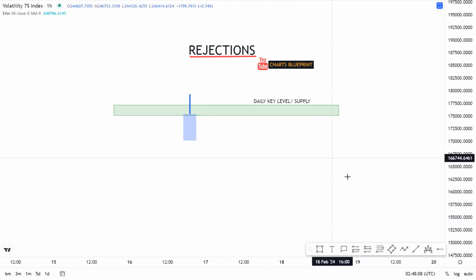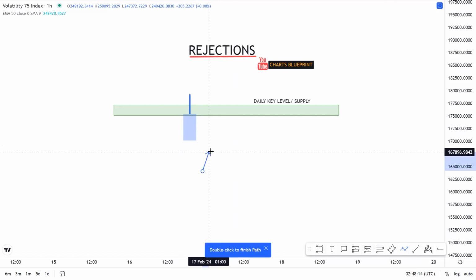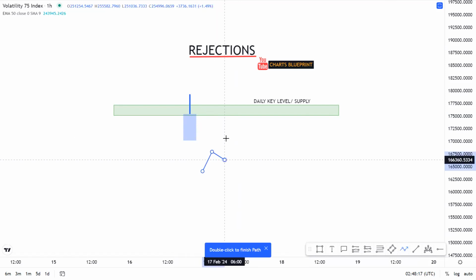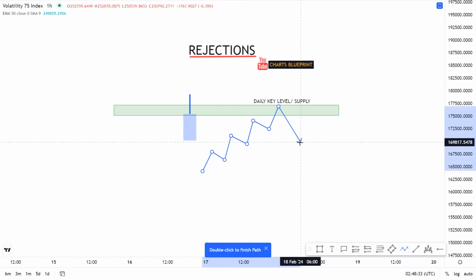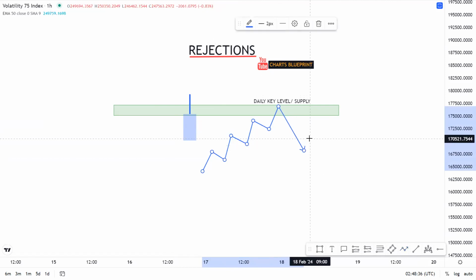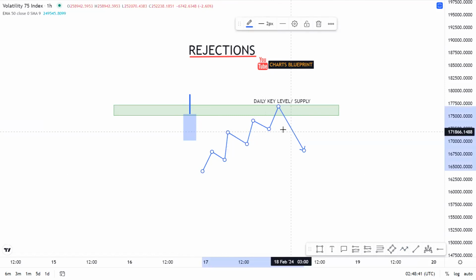And now on getting down to the 1 hourly time frame, you want to look out for a shift in the market structure from bullish rather to a bearish structure.